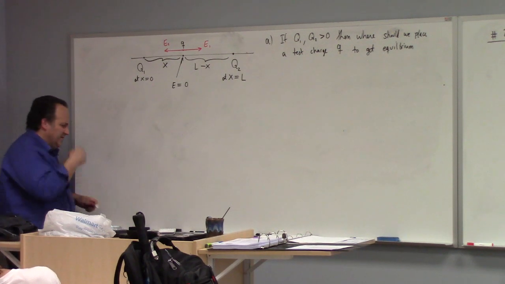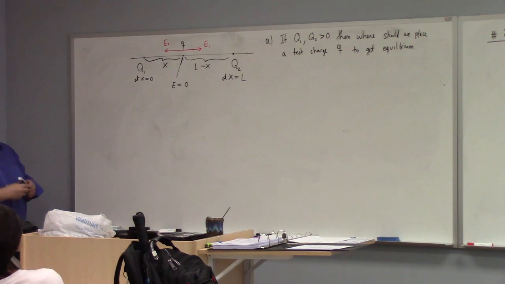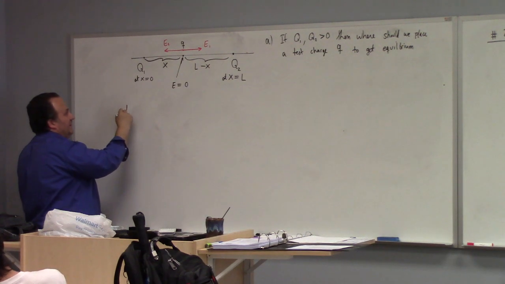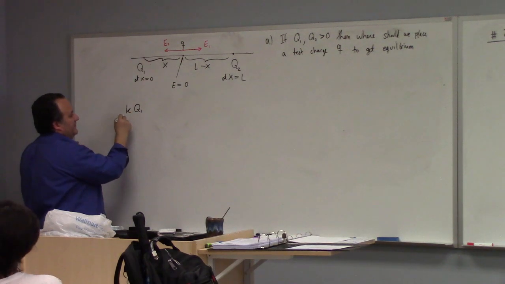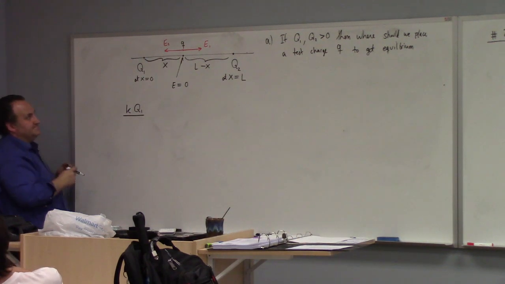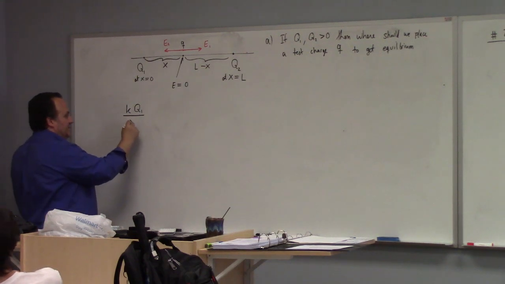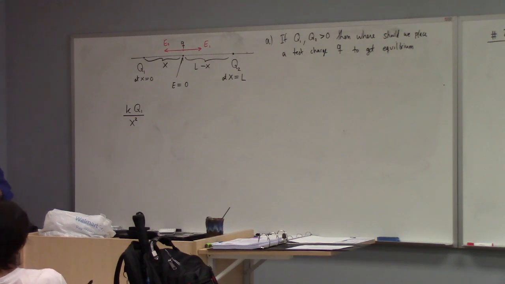For one-dimensional problems, I always think about a picture to make sure I've got the directions right. So E1 is K Q1 divided by x squared. That's the Coulomb field due to Q1 at that point.